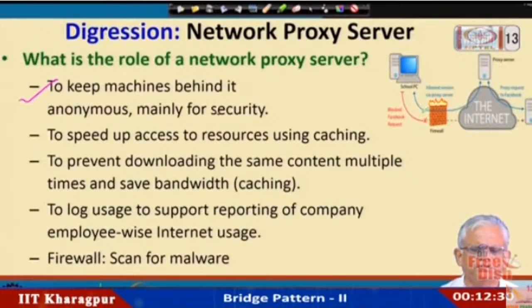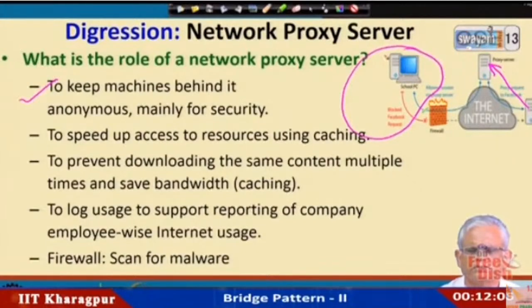It keeps the machines behind anonymous to the outside world. They basically need to contact the proxy over the network, and then we will have firewall and so on, and therefore the computers behind the proxy are safe.